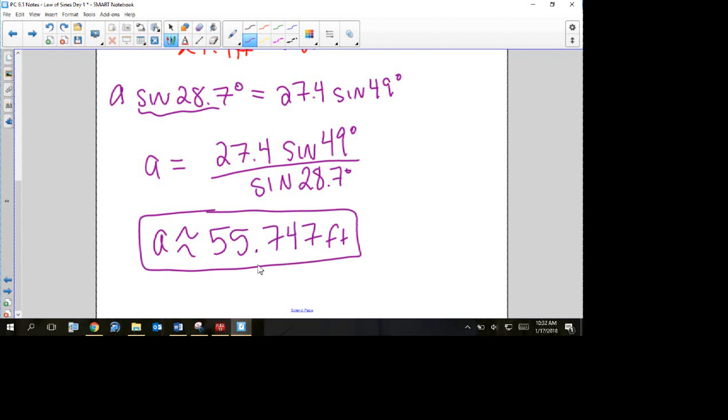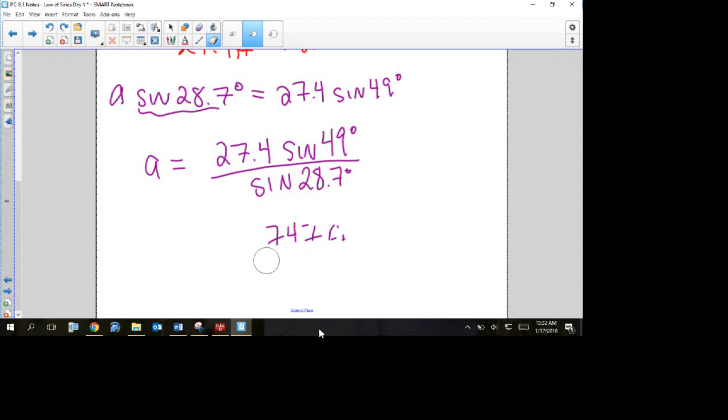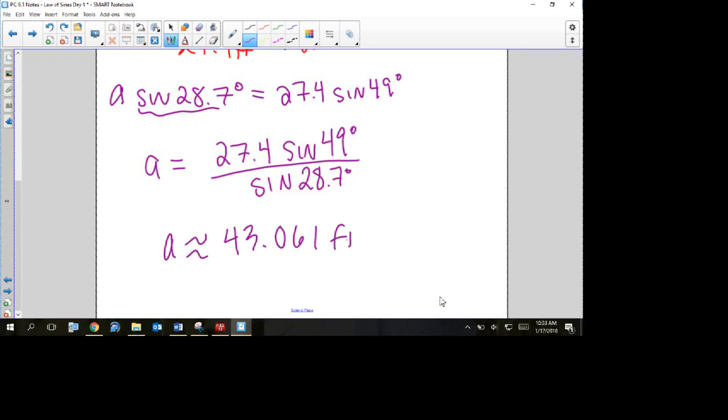Oh, I did write down the wrong one. I looked on my calculator from when I did it last class, but we did the other order last class. My bad. It's 43 point something. You guys are right. It's 43.061. We found c first in my last class, so I looked it up on the calculator.